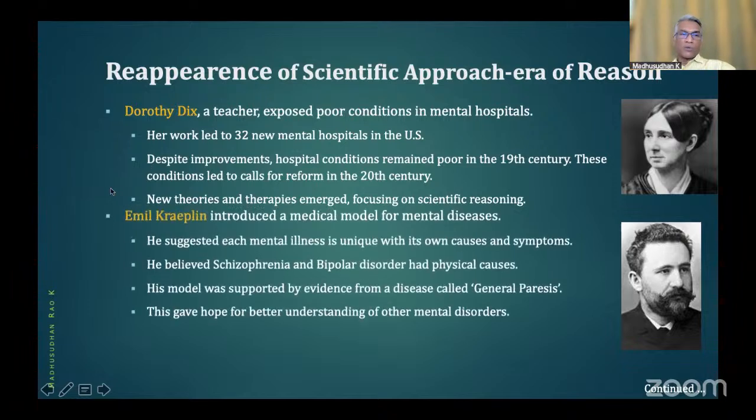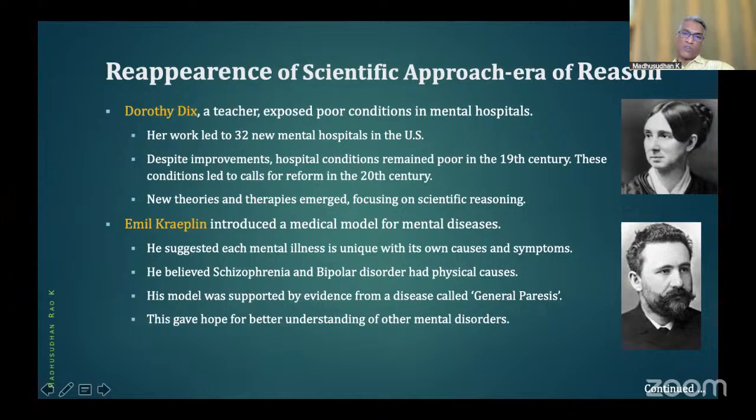So new theories and therapies emerged, focusing on scientific reasoning. Emil Kraepelin, this gentleman, has done wonderful work in this field too. He introduced a medical model of mental disorder. He suggested each mental illness is unique, with its own cause and symptoms, and treatment is also unique.